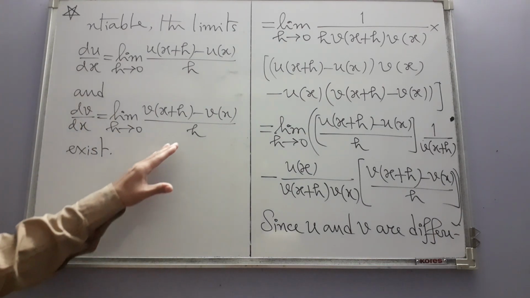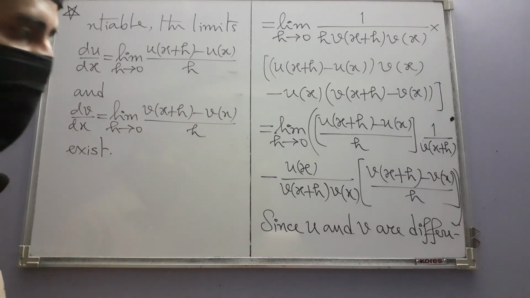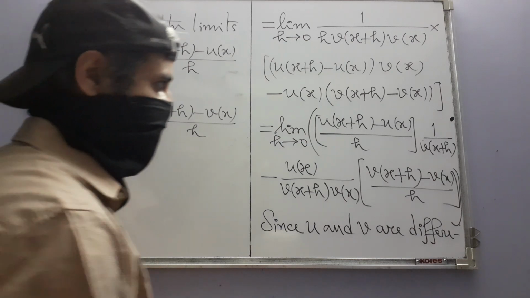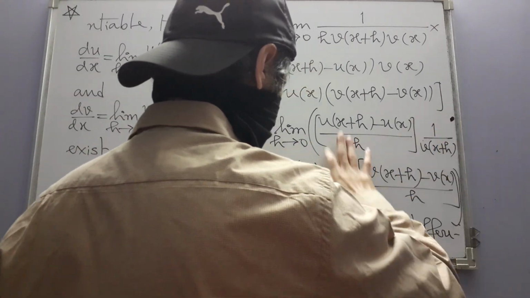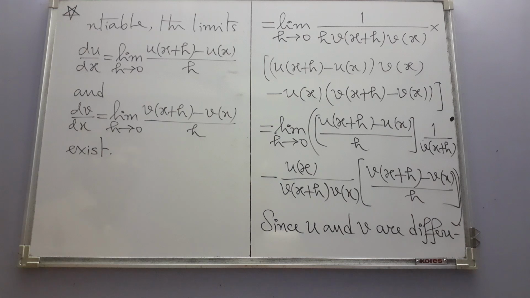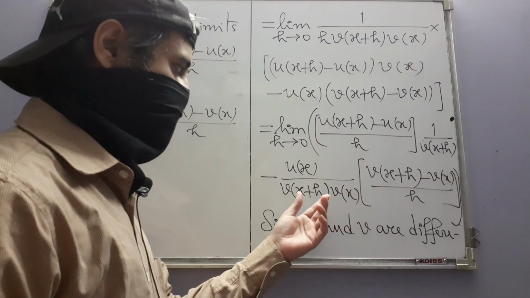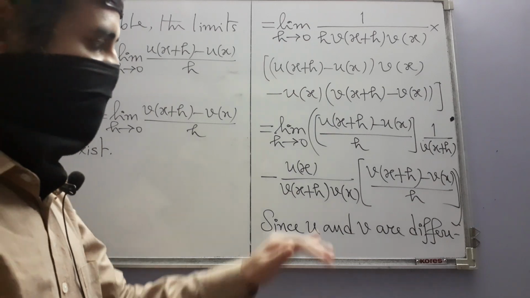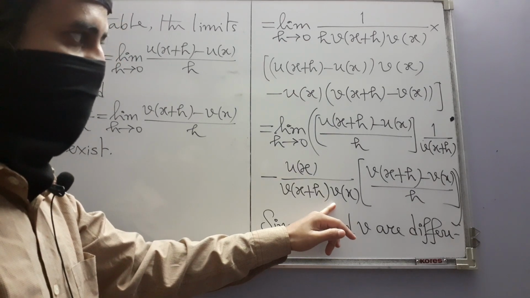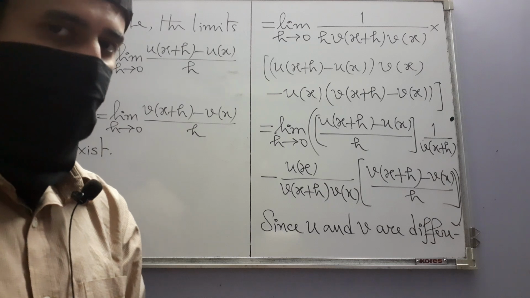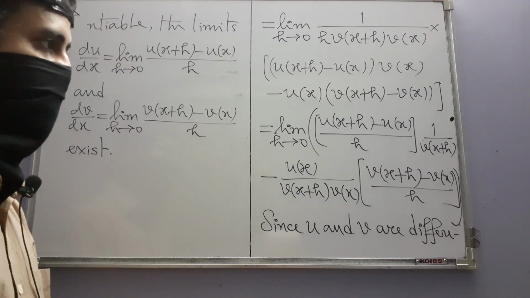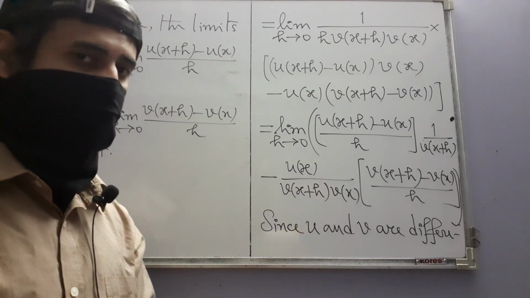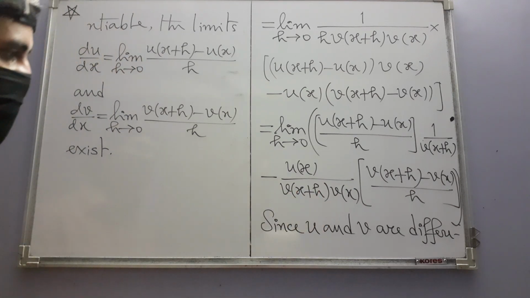Okay, but they are not the only limits we have to deal with. We also have other terms. What about them? We have this and we also have this. Well, in these terms, it's only the v of x plus h that depends on h. U of x and v of x do not change with h because they do not have h. And just like before, this time we are going to use the fact that v is continuous because it is differentiable.